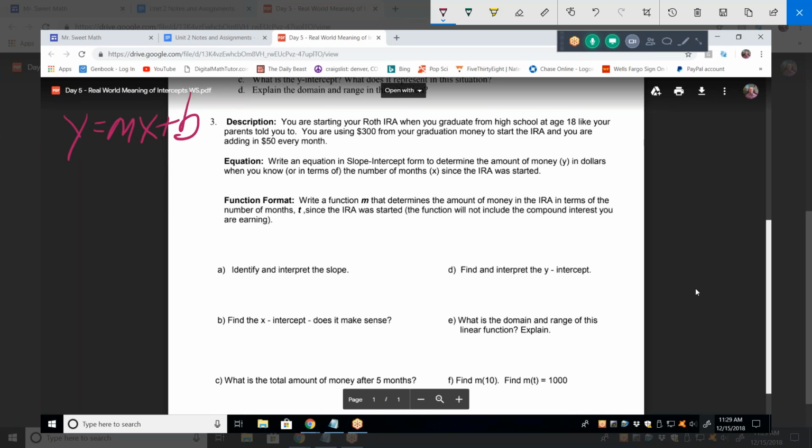To determine the amount of money, y, in dollars, when you know the number of months. What's our variable? x. What's it equal to? Months. It's the number of months. When you're first doing these, spell it out so it is crystal clear. It's the number of months since you started.